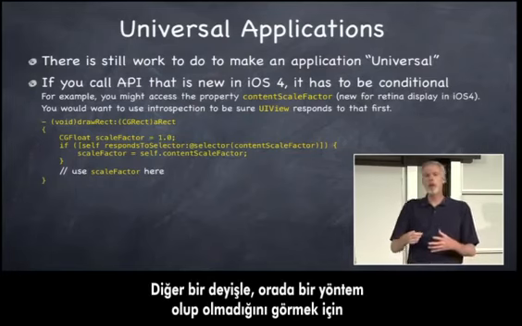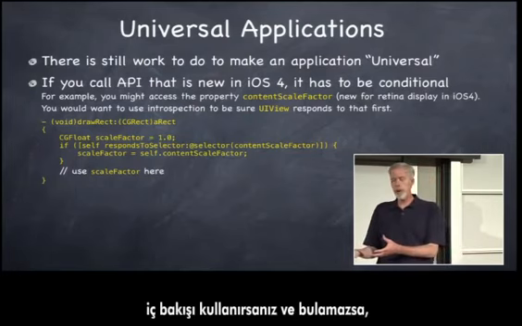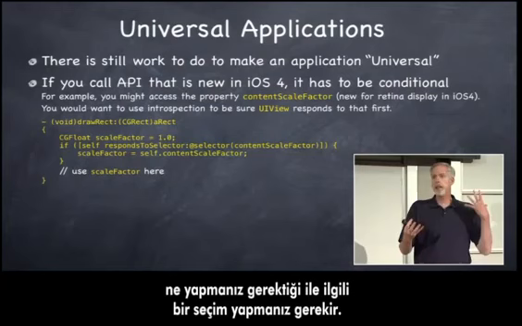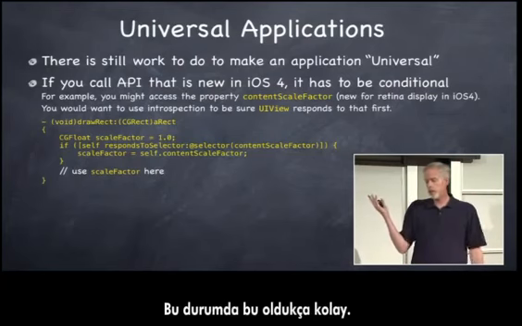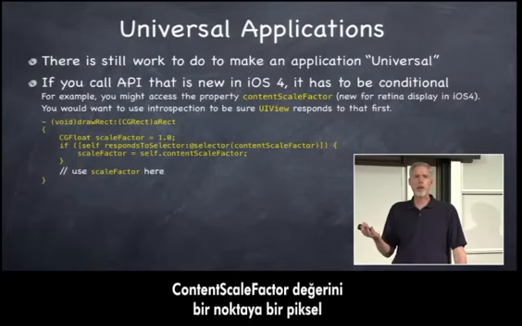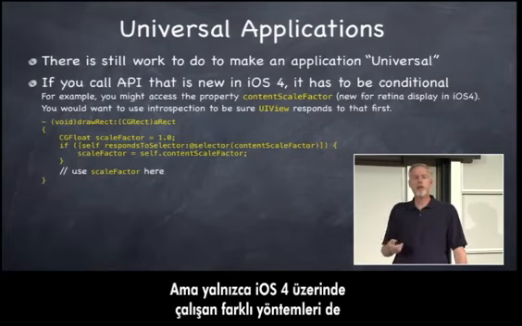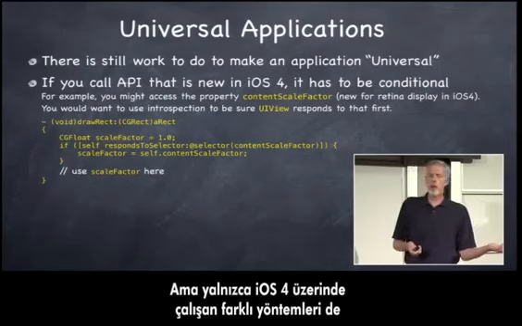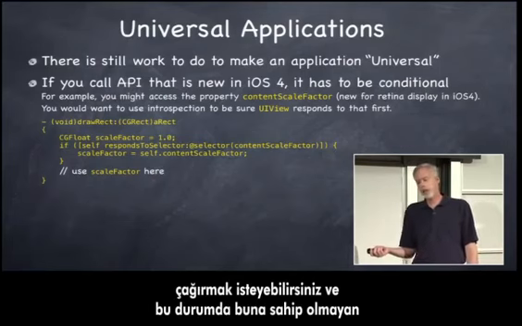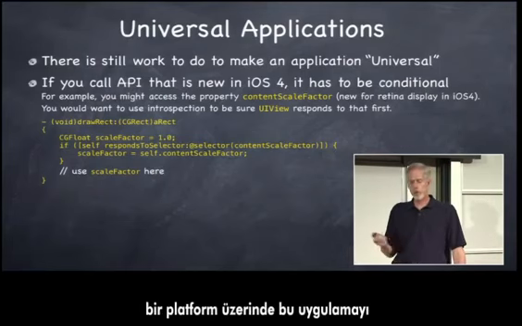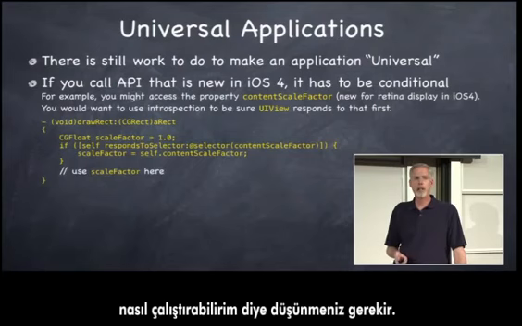In other words, you use introspection to see if a method's there, and if not, you've got to make a decision. What am I going to do? That feature's not there. In this case, it's really easy. You're just going to use a content scale factor of 1 pixel equals 1 point. So you're off and running. But you might have other methods that you're going to call that are iOS 4 only, and you've got to think of what you're going to do when you run on a platform that doesn't have it.